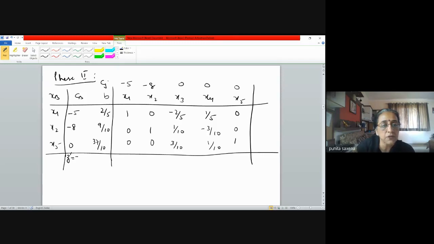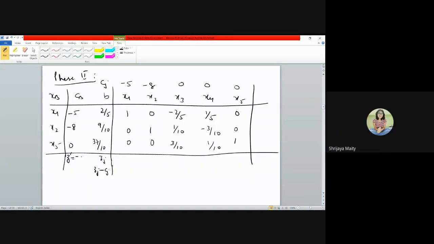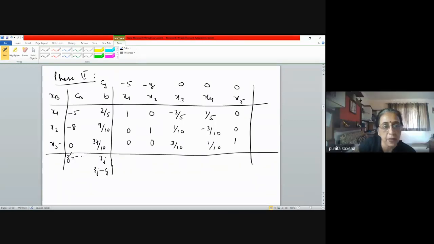It will be minus of something. And I need my Zj minus Cjs here. How much is Z dash now? -46 by 5. Yes, minus 46 by 5.